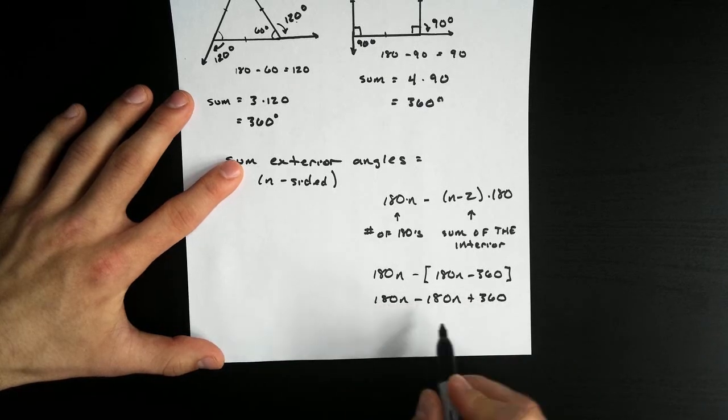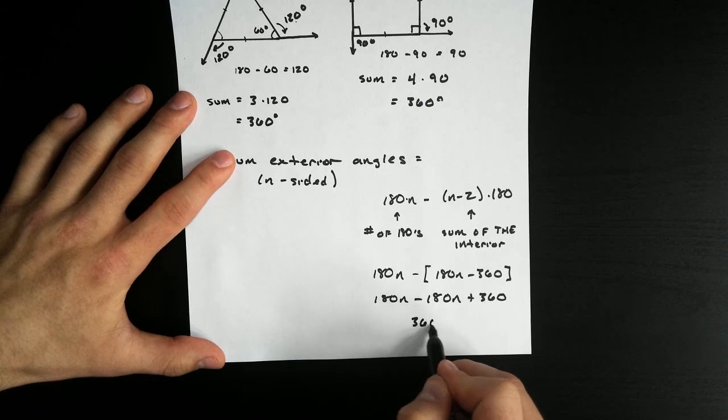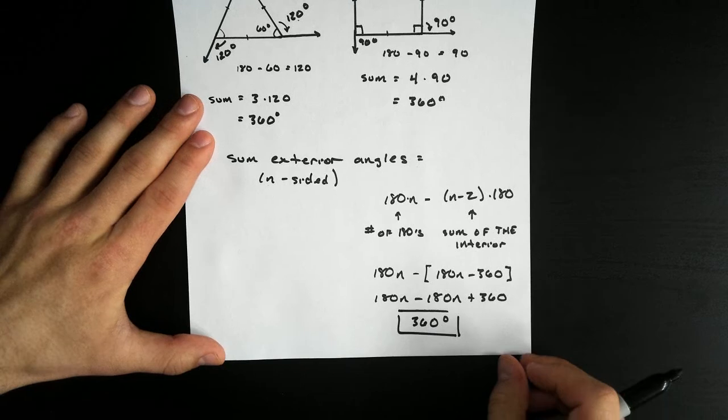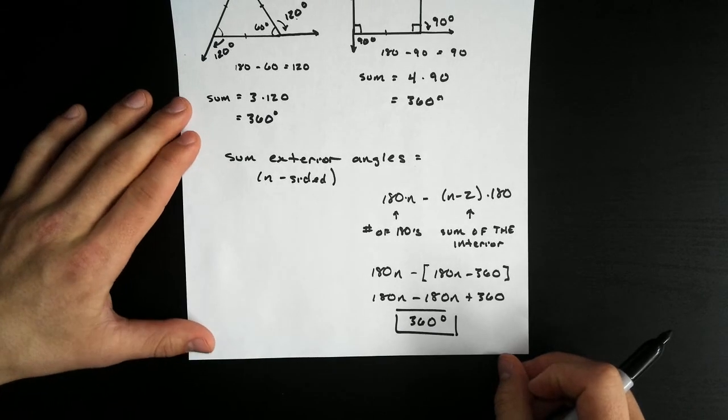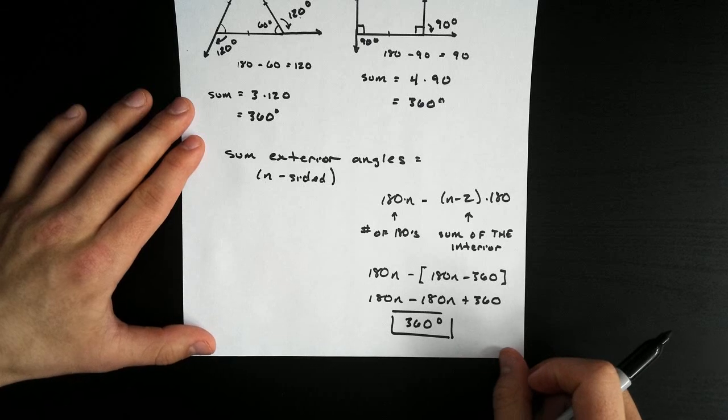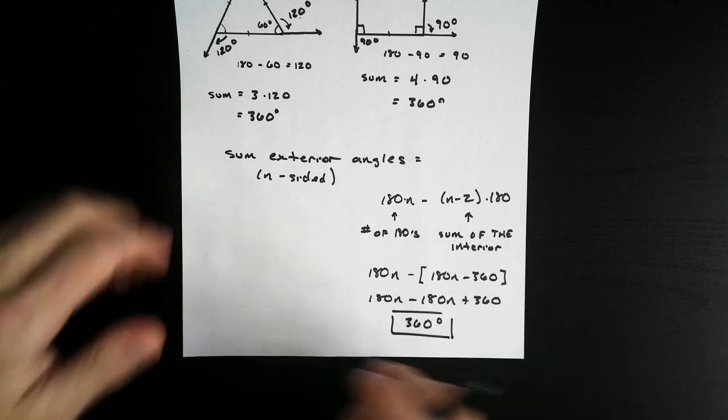This becomes 0, and we are left with 360. So, no matter how many sides our polygon has, the sum of the exterior angles is always 360 degrees.